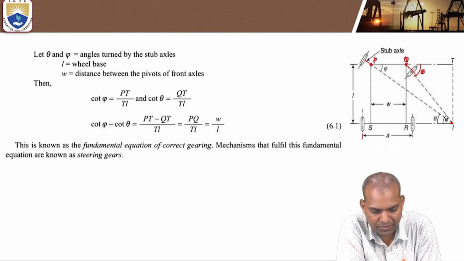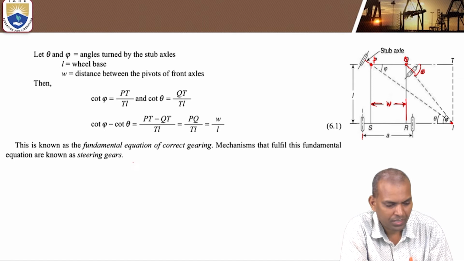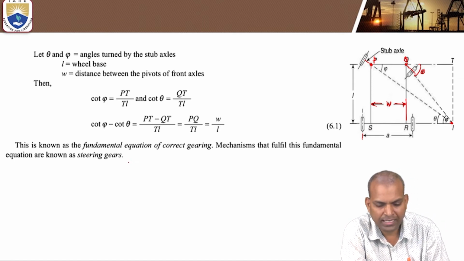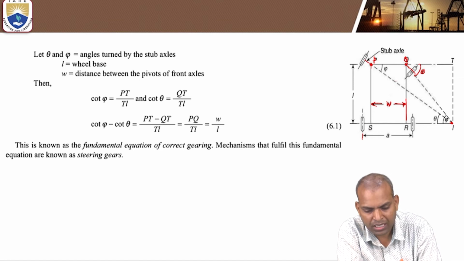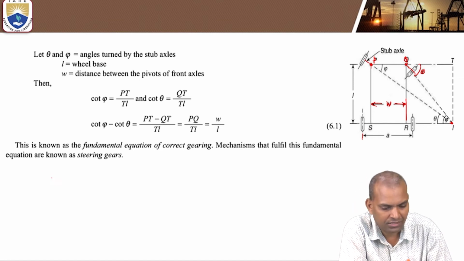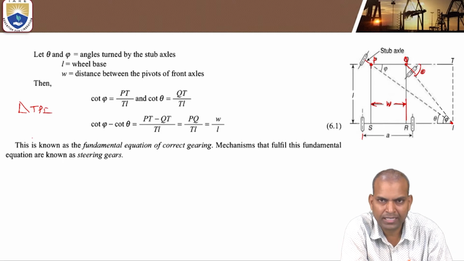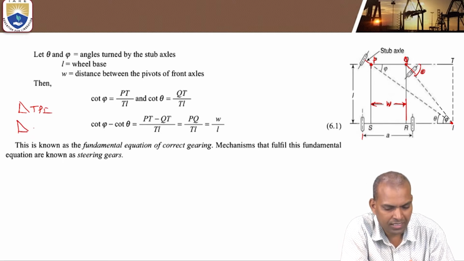Now, there are two right angle triangles here. One right angle triangle is TPI. Another right angle triangle is TQI.